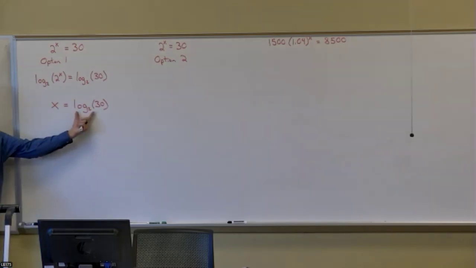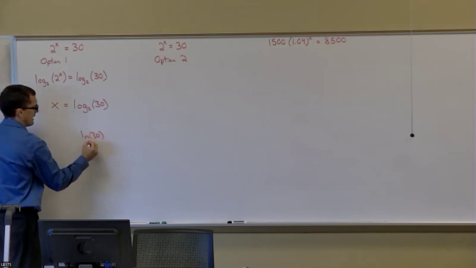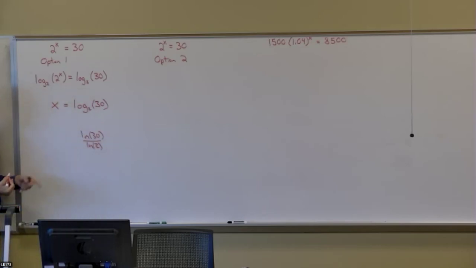Now, we know how to calculate this in two different ways. We saw both earlier today and also last time. You can either do a change of base, where we do natural log of 30 divided by natural log of 2, or log base 10 of 30 divided by log base 10 of 2, or you can just plug that in through the math menu feature on your calculator.